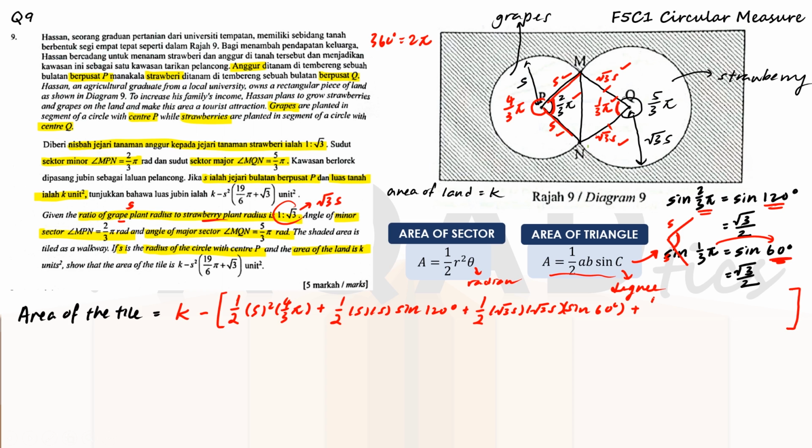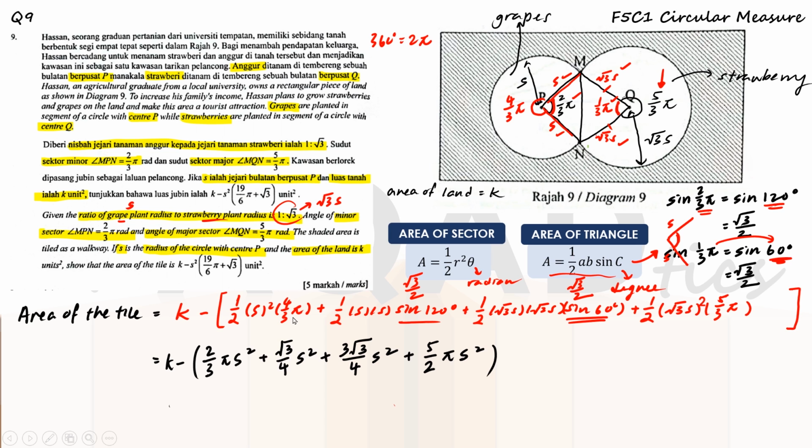So here would be 1 over 2, r would be square root 3s, theta would be 5 over 3 pi. Once we simplify this, before that, sine 120 I will simplify into square root 3 over 2. The same goes for sine 60. Once we simplify, it will be something like this.